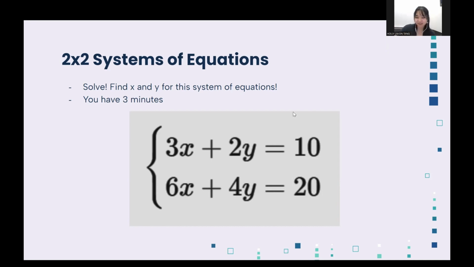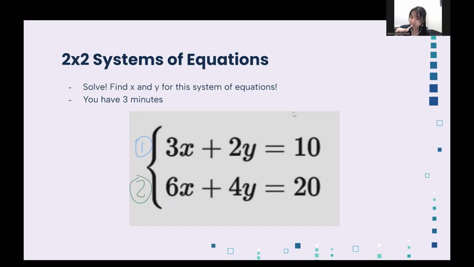Hopefully both of you figured that out. It sounds like you did. Which equation would you like to start with first? Let's call this equation 1. Let's call this one equation 2.